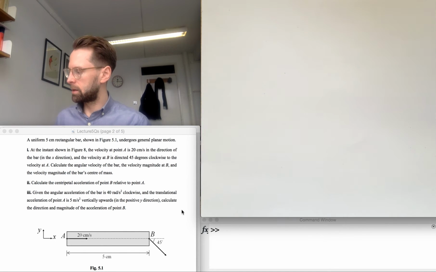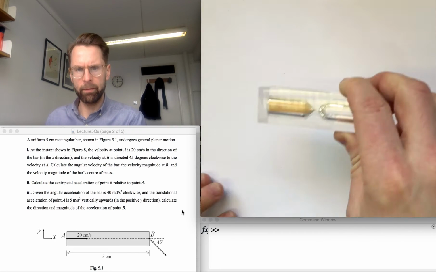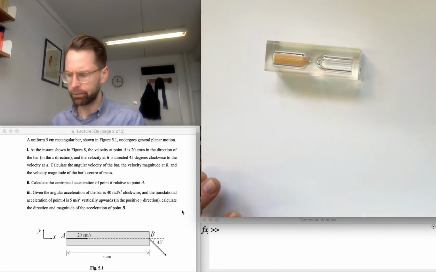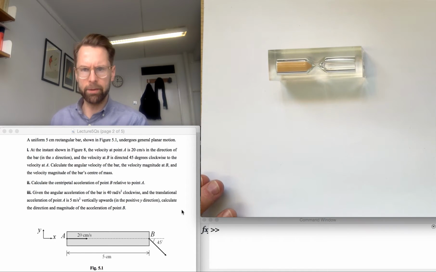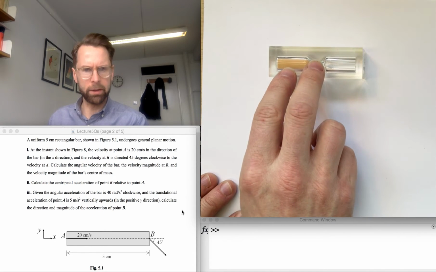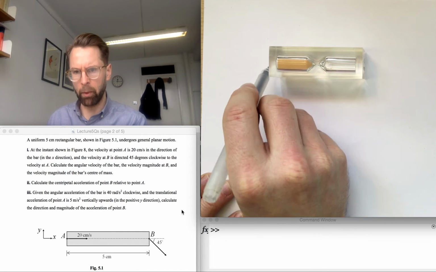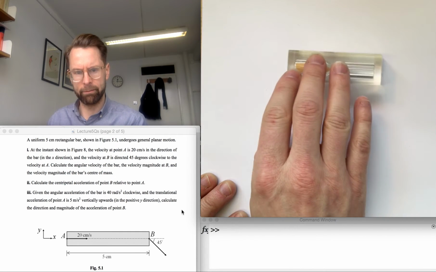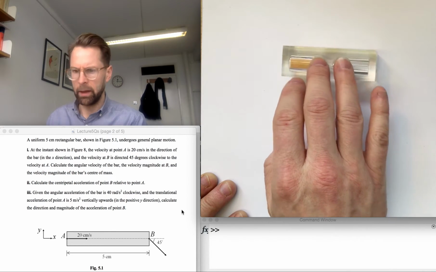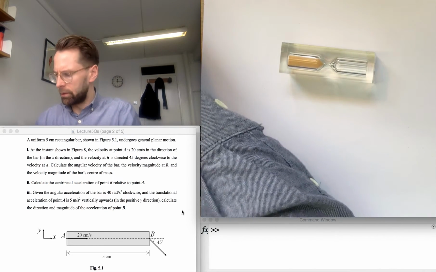So it's a bar. Let's say that's our bar, and it gives us the velocities at point A and point B. So it's like the bar is going like that, essentially. So let me draw around this.